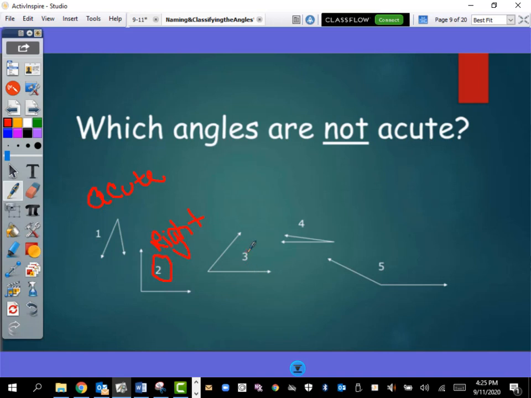Number 3, yes, this is an acute. But remember, we're looking for which angles are not acute. Number 4, is it an acute, right, obtuse, or straight? Well, number 4 is an acute. What about number 5? Number 5 is an obtuse. So the correct answer for this problem is number 2 and number 5. They're not acute.